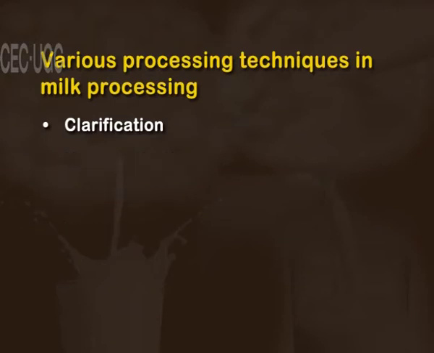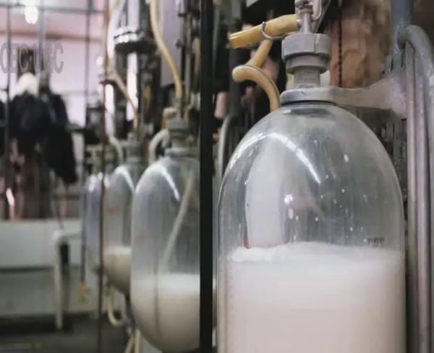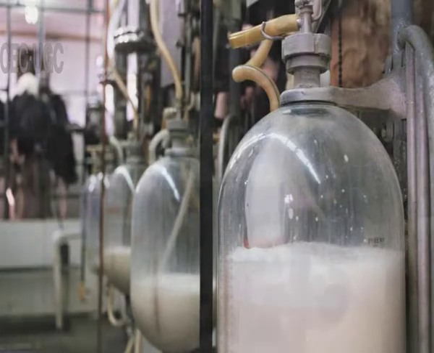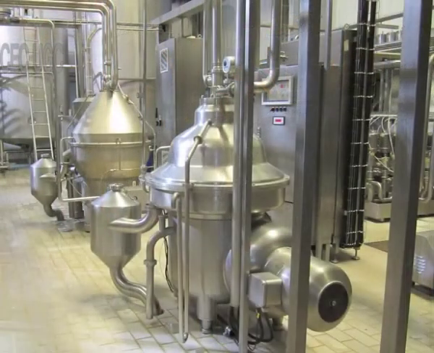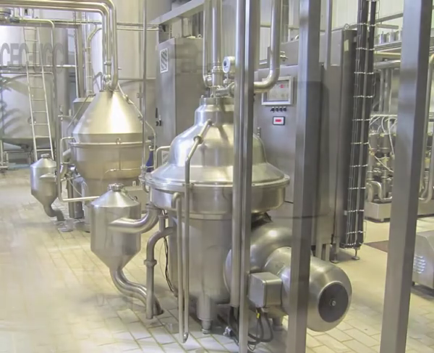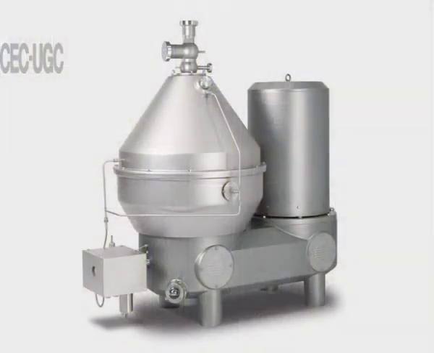Now the first process is clarification and clearing. Clarification, as the word suggests, is the removal of small particles of straw, hair and also fine small bacteria based on density through a process called bacterifugation, centrifugal separation of microorganisms from milk.